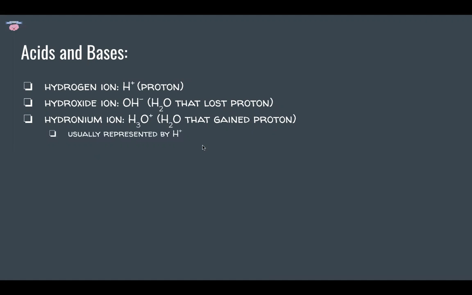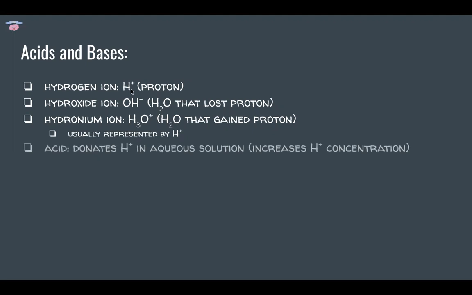You can simplify this into H+ because, as we'll talk about, water or H2O is basically just neutral. It doesn't really matter in acids and bases. So if you get rid of the H2O here, you just get H+.